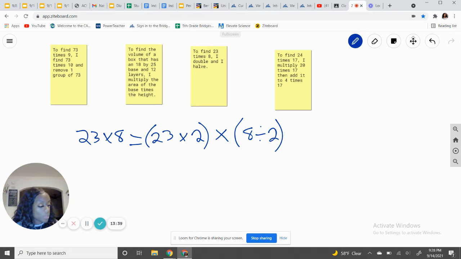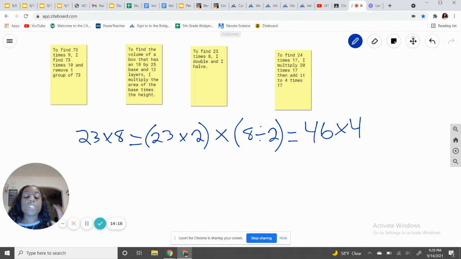Okay, that's that. But we're not done, right? Because they want us to really work this out and solve it. So that equals, what is 23 times 2? 46. What is 8 divided by 2? 4. So that means we're at 46 times 4.